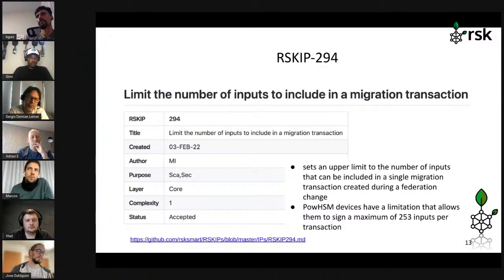But we didn't add this to the regular payouts precisely because, as Jose was saying, there are like different RSKIPs proposed that we expect to implement in the short term that will improve a lot the way the bridge handles the UTXO selection algorithm and the wallet and how fees are paid, and there are a lot of other improvements proposed.